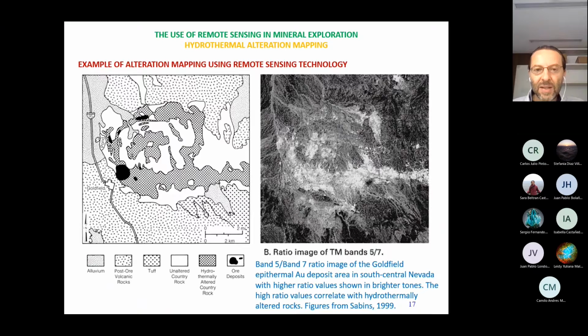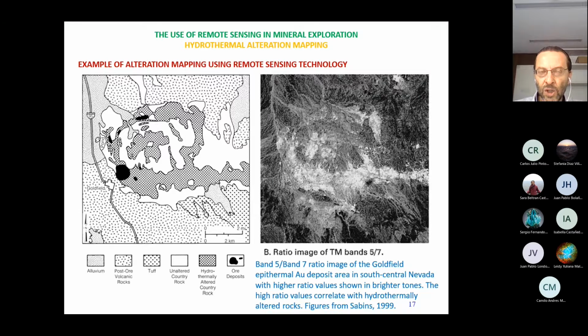Okay, now here is an example, also of band ratioing, the same bands, but this is a bit of a different system in the sense that this is not a porphyry deposit. It is similar. It comes from the same type of fluids in the sense that this is an epithermal deposit.